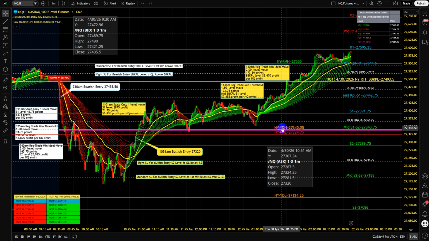The other is a micro scalp trade, which if there is a contextual level that is far enough away from the entry and that contextual level happens to occur before the one level move in your favor, then you can consider using that as a micro scalp if you prefer a shorter trade over a regular scalp.